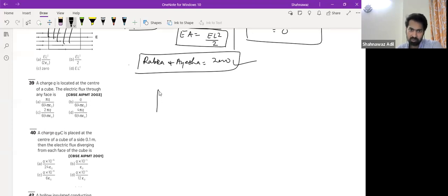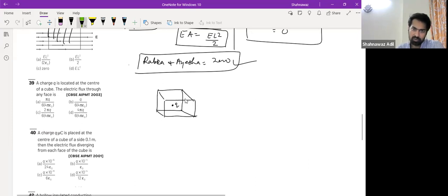So we have a cube, and the charge is placed at the center. So they want us to calculate the electric flux through one of the faces. So how much would that be, Rabia? How much would that be?